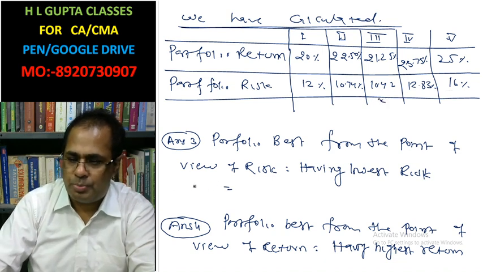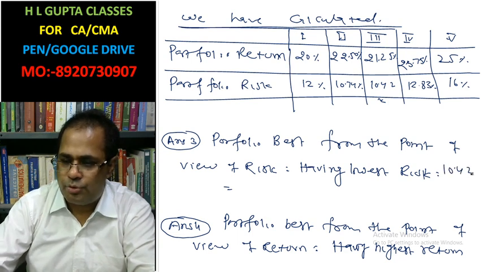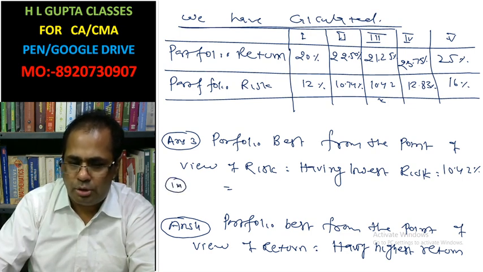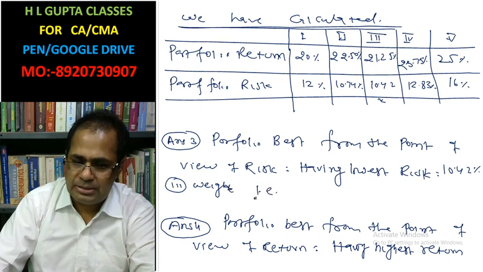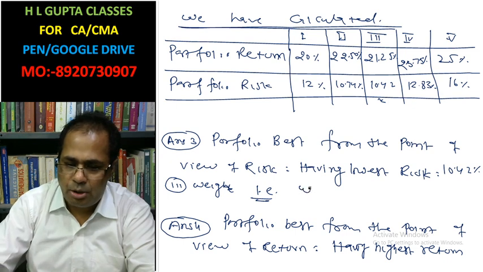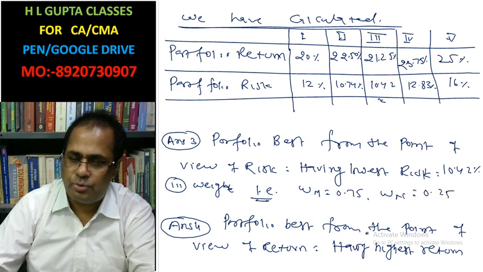This is 12%, 10.74, 10.42, 12.83. This is the lowest risk, the third part, that is 10.42%, in the third weight, that is investment of M equal to 0.75, investment of N equal to 0.25.